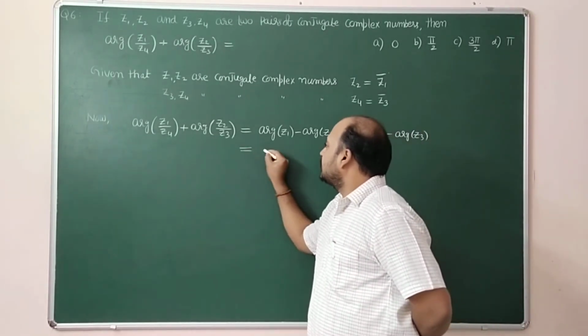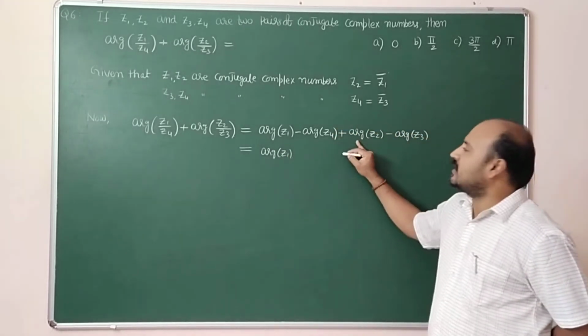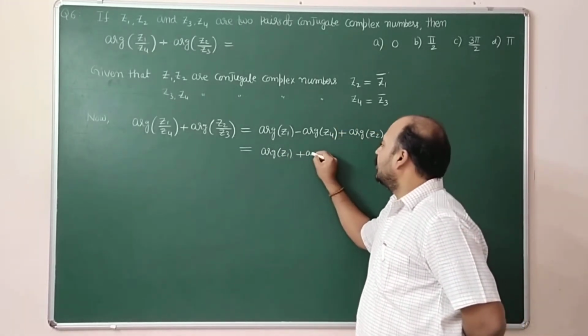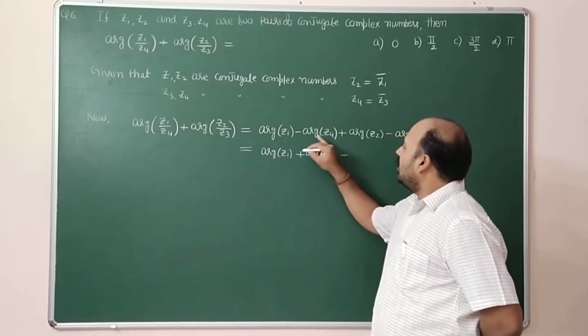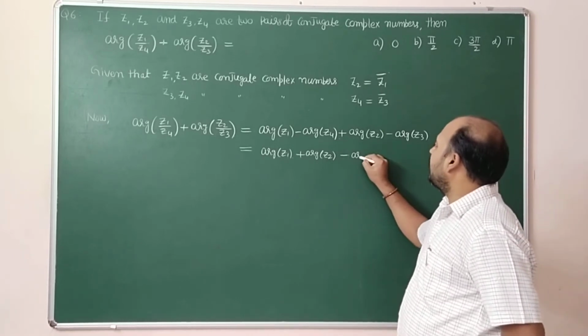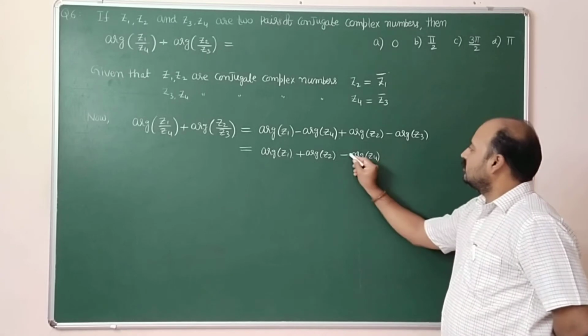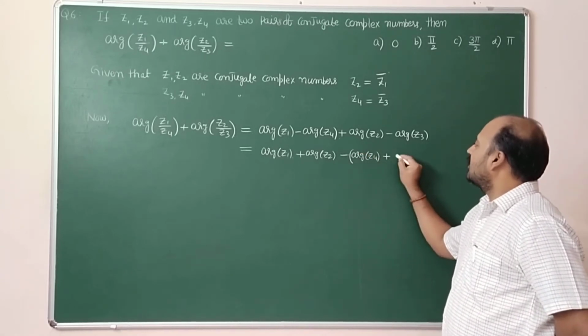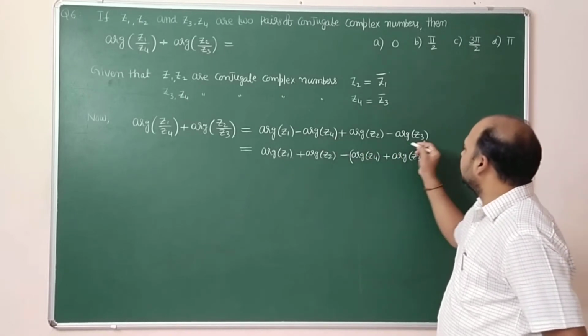This can be written as argument of Z1, first you write positive values, plus argument of Z2, take common minus from these two: minus, bracket, argument of Z4 plus argument of Z3.